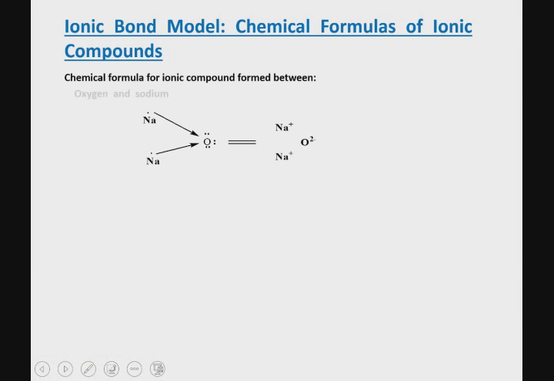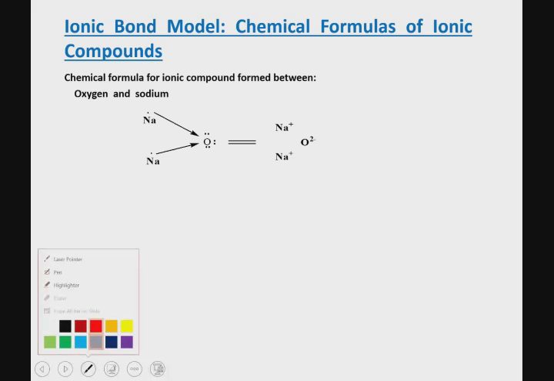Let's try and write a chemical formula for a compound formed between oxygen element and sodium element. Now, one of these is a metal and the other is a non-metal. Oxygen is a non-metal, whereas sodium is a metallic element. Now, since sodium is a metal, it would like to donate electrons, as metals tend to do.